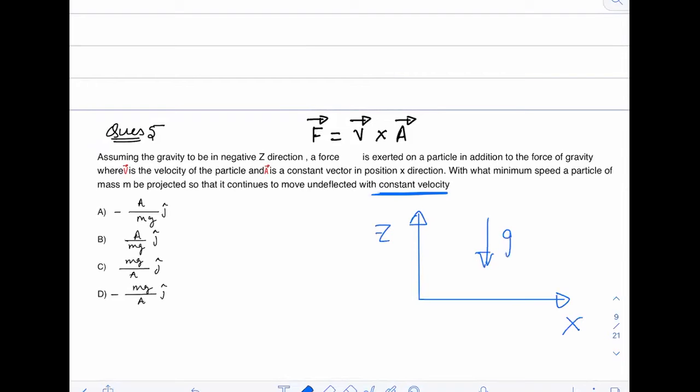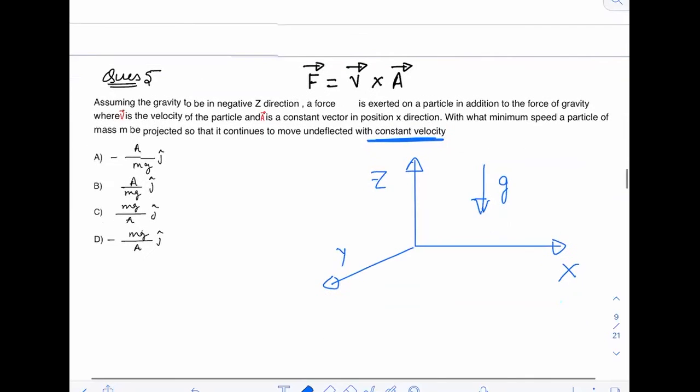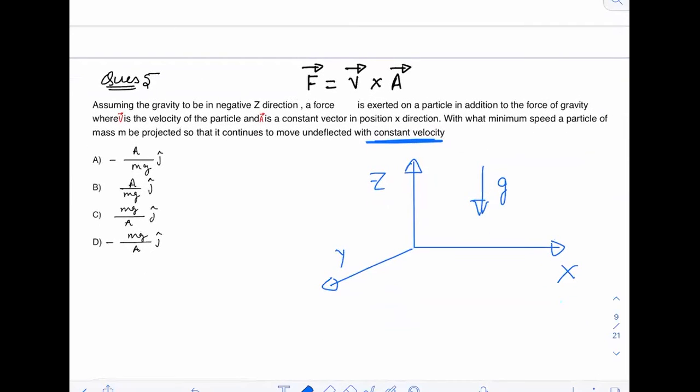So g is acting like this, and this is the y axis. So a particle is falling like this. Now if the particle moves with constant velocity, the net force must be 0. So F net must be 0.